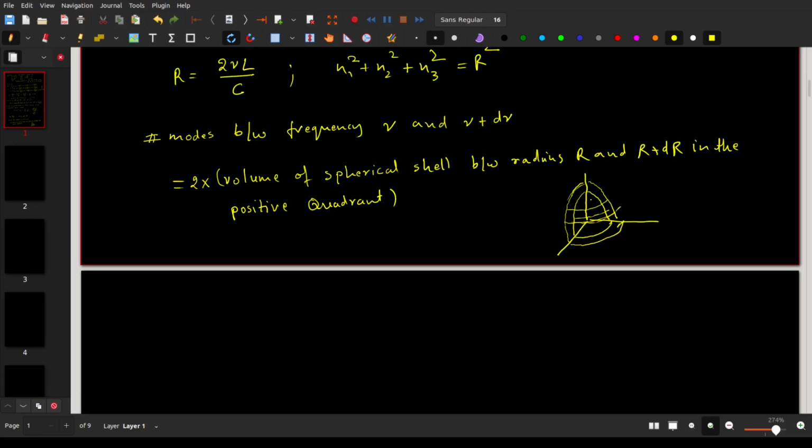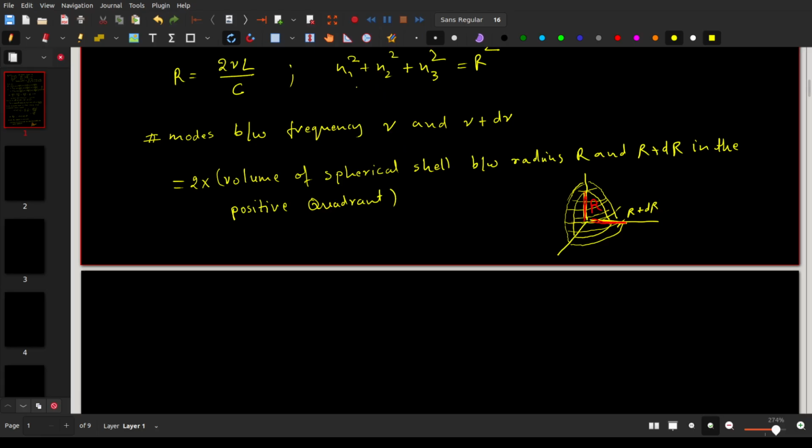Now the inner radius is r and the outer radius is r plus dr. Why is the number of modes equal to the volume?